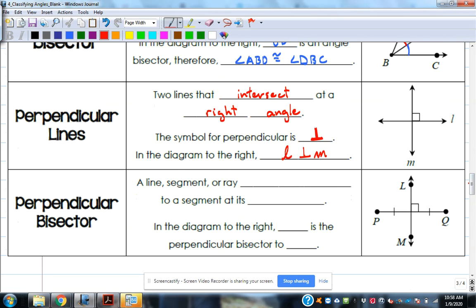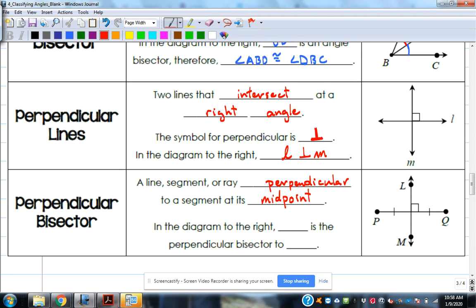A perpendicular bisector is a bisector of a segment. So it's a line, segment, or ray perpendicular to a segment at its, what's a bisector hit? The midpoint, that's right. So it starts bridging in between what we've already done now.